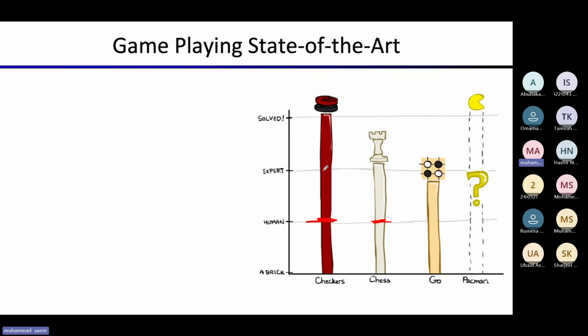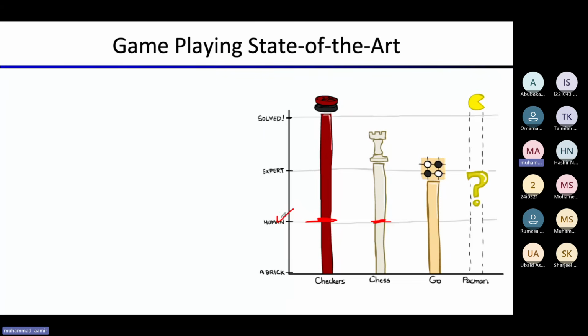And what is the expert level? Expert level means the most efficient or optimal computer algorithm, which is more expert than any expert human. What does the human level of this game mean?